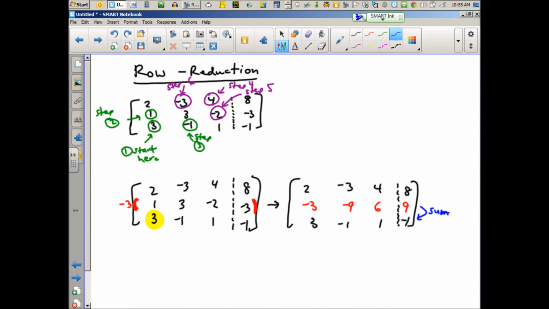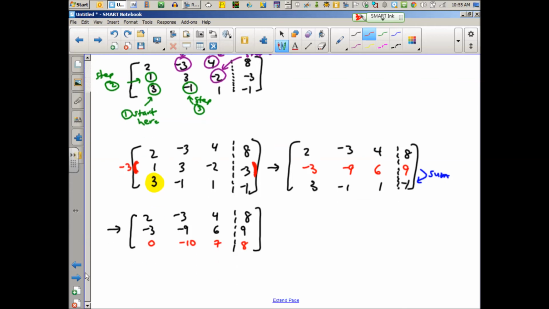Those are going to replace my bottom numbers. Okay? So I'm not touching the top row. Not touching the middle row. Just trying to get that bottom left 0. So I have it now. It's basically 0, -10, 7, 8. Okay, I just accomplished my first of 6 goals.